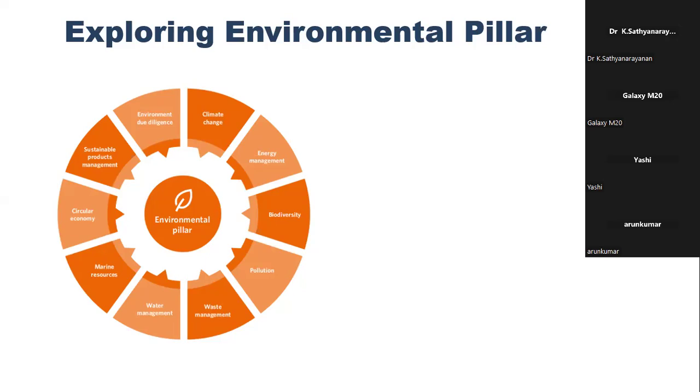Here you can see the various elements in the environmental pillar: climate change, energy management, biodiversity, waste management, water management, circular economy, and sustainable products. The products you are producing, are they sustainable products or not?